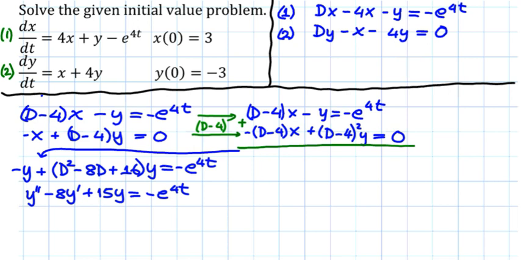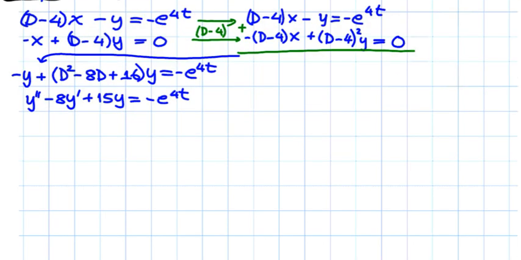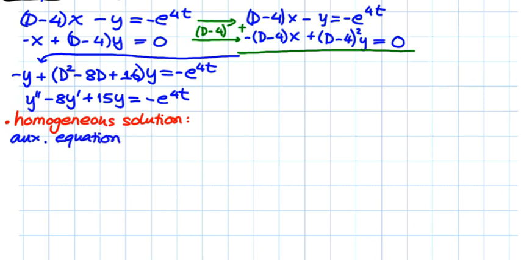So we have a non-homogeneous equation. Now focus on this non-homogeneous equation. We do two parts. The first one is the homogeneous solution. The auxiliary equation gives us r squared minus 8r plus 15 equal to 0.